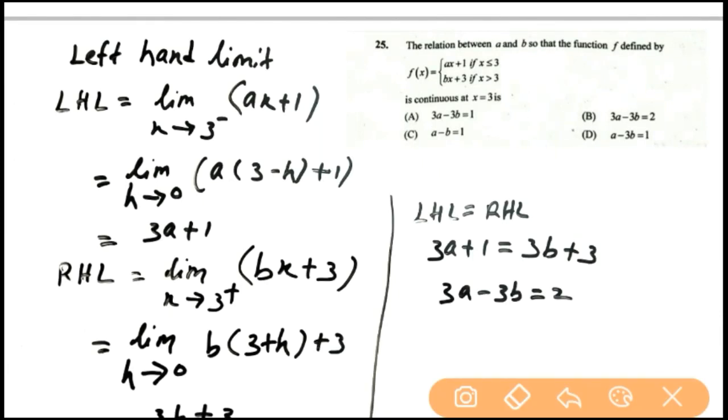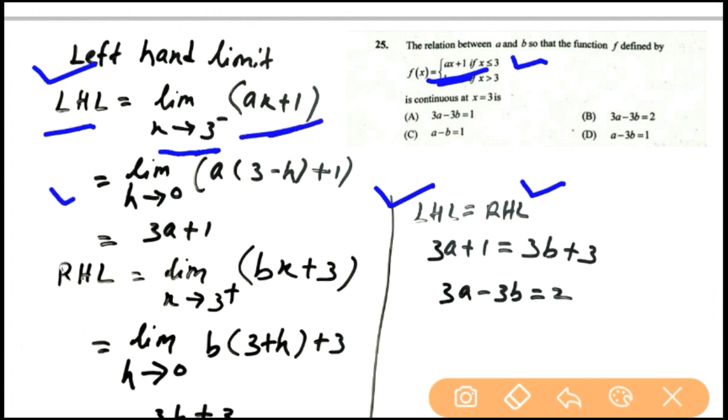For a function to be continuous, we find the left hand limit and right hand limit, then we equate them. So here the left hand limit, LHL, equals limit x tends to 3 minus, so x is less than 3, that is ax plus 1.